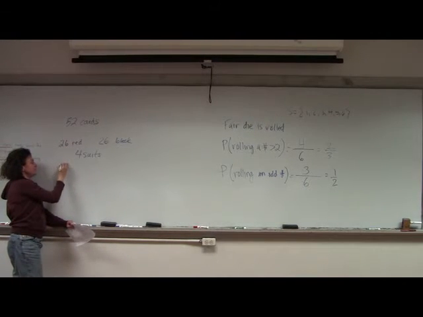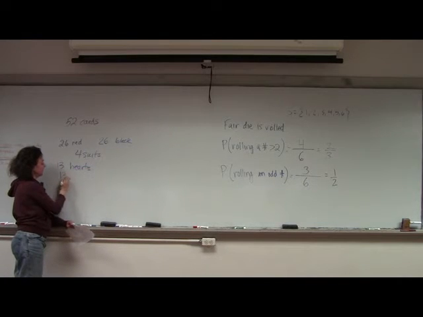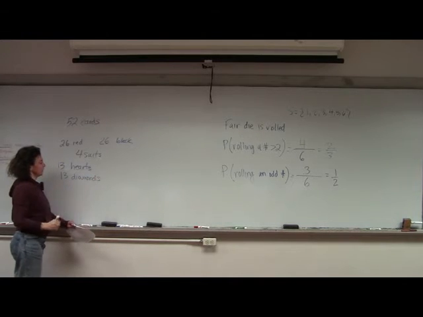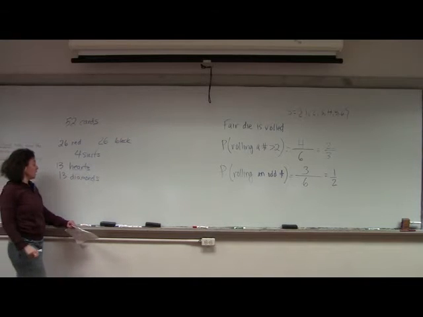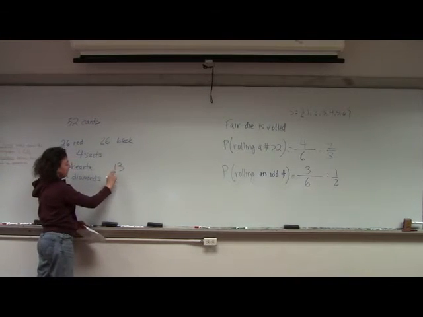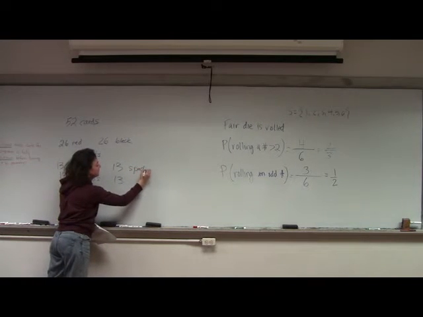Our red suits are hearts and diamonds, so there's 13 hearts and 13 diamonds. There's also 2 suits that are black cards. And again, there's 13 of each of them, and those are spades and clubs.